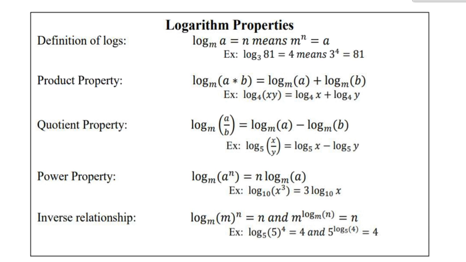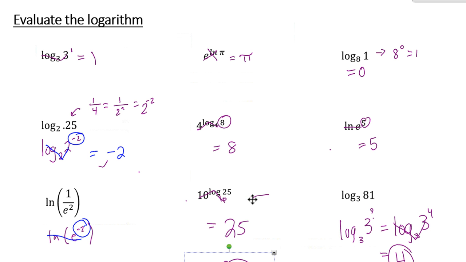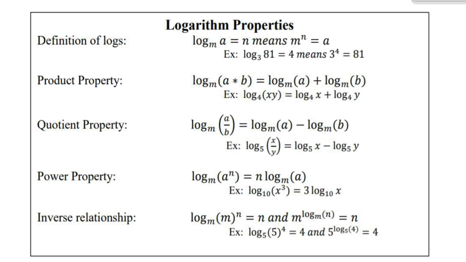Okay, now some other log properties. So these properties are just ways of rearranging them, and this is the usefulness of logarithms. The first one is just an explanation of the relationship between logs and exponential functions.